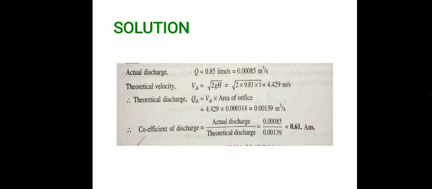Actual discharge is given in the question as 0.85 liter per second. We convert its value into meter cube per second. Then we also find out the value of theoretical discharge. Finally, substituting those values, we get the coefficient of discharge of the orifice as 0.61.